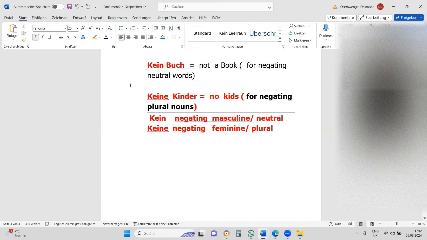So with this simple rule, you can negate any noun, your choice.